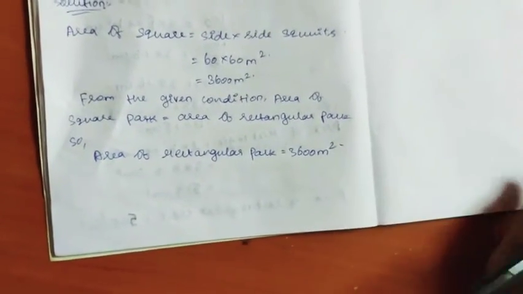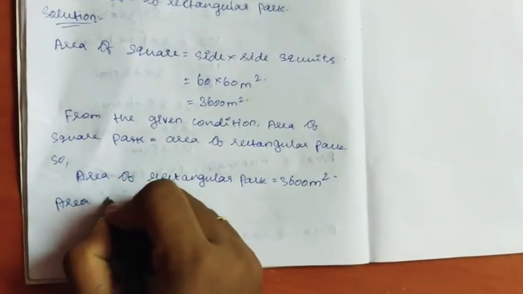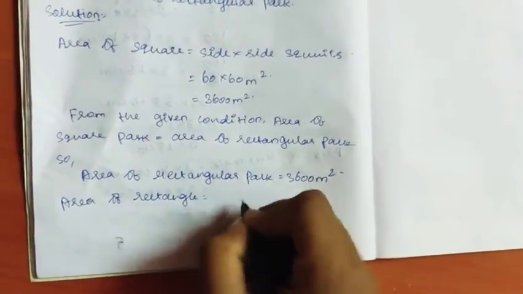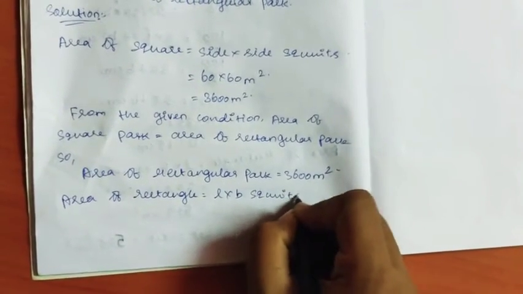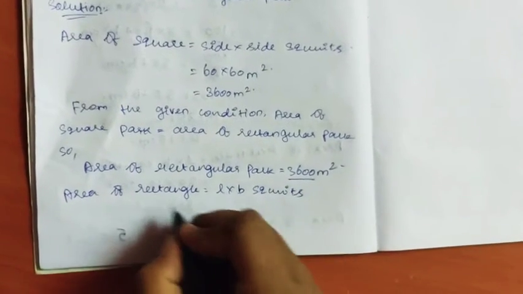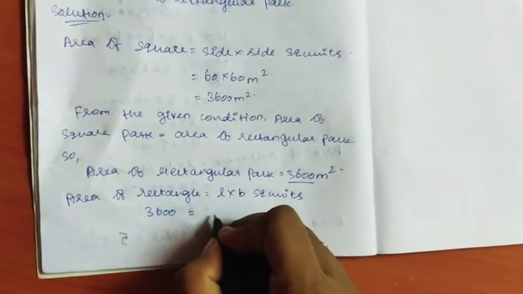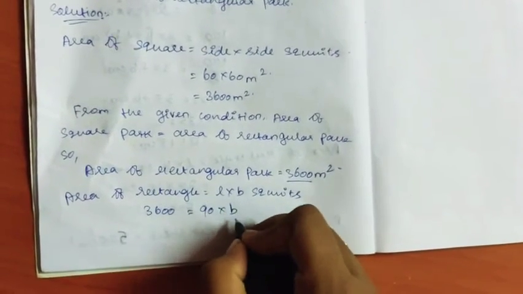So what is the area of rectangle formula? Area of rectangle equal to length into breadth square units. We got area as 3600 meter square. So 3600 equals length, we got length as 90, into we don't know breadth, so we write breadth.